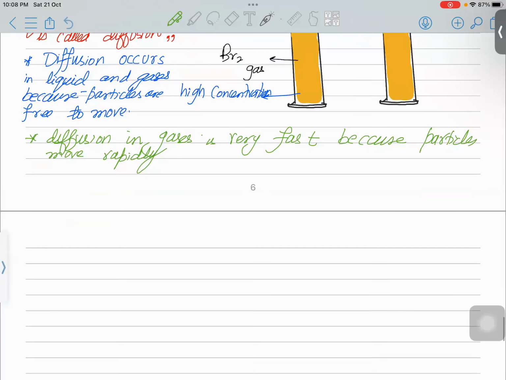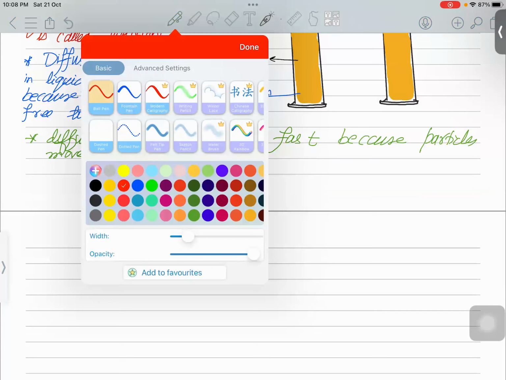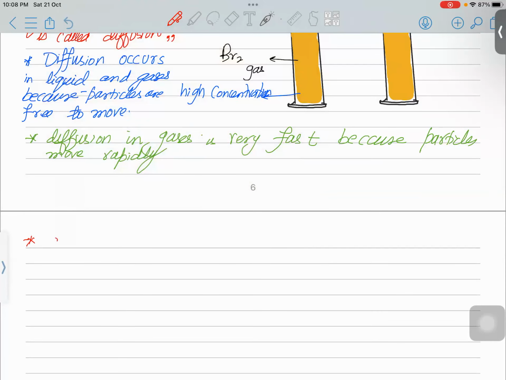Can you tell me why diffusion does not occur in solid? Because particles in solids don't move, they only vibrate. Very good answer. Because particles are not free to move.